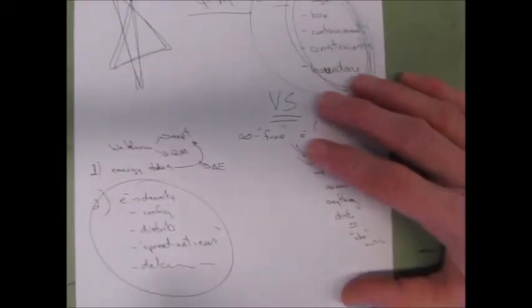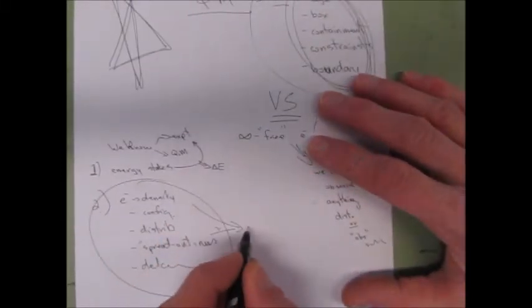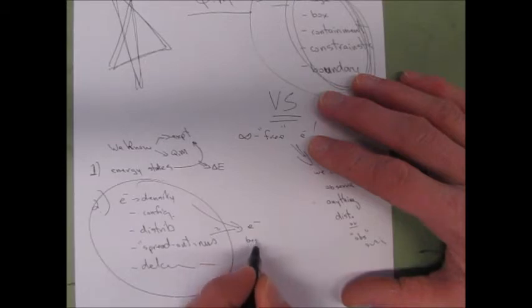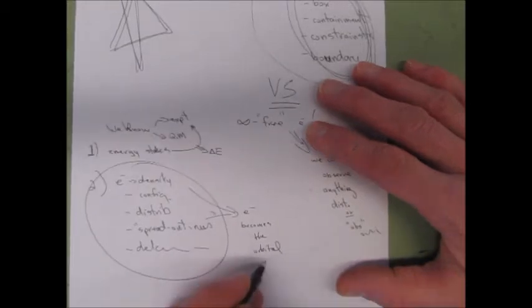It's almost as if this is basically going to say the electron becomes the orbital. So what you're going to be seeing very shortly is, for instance, you've seen them.